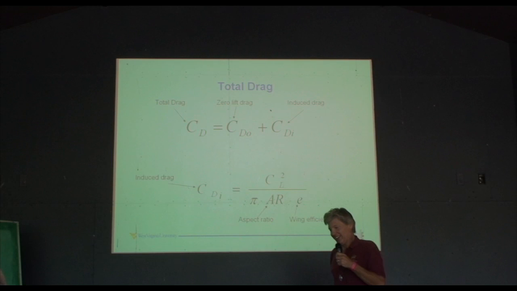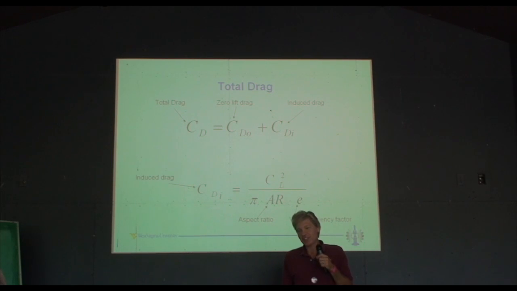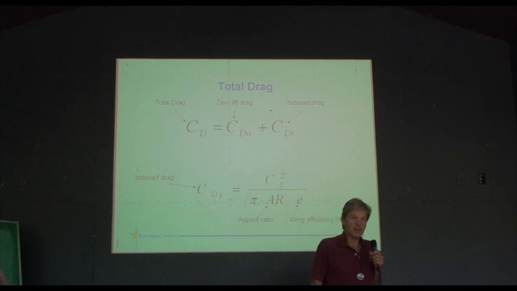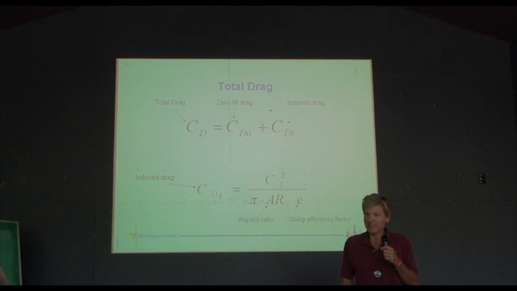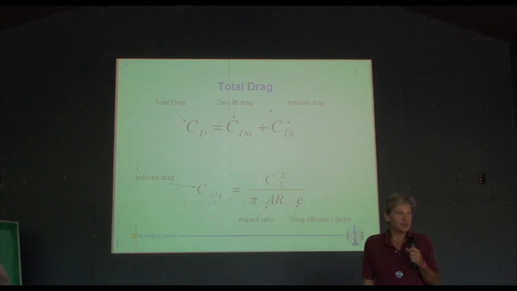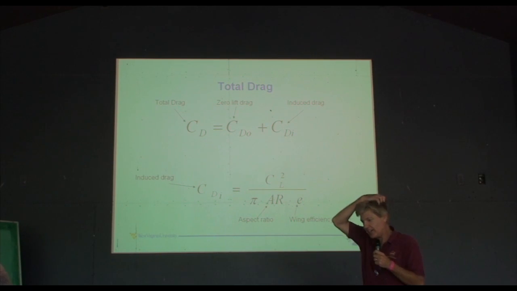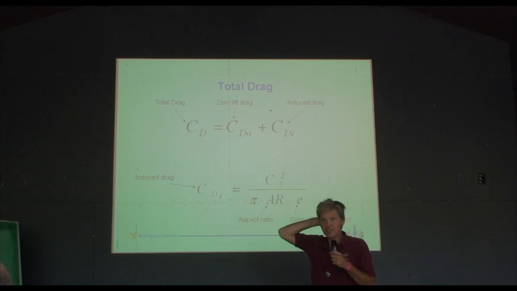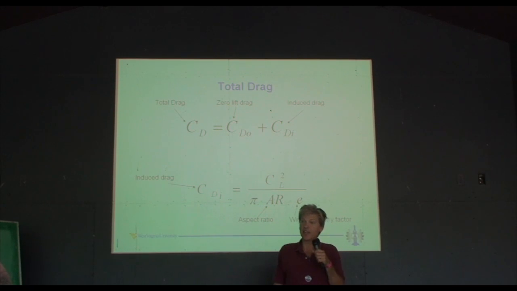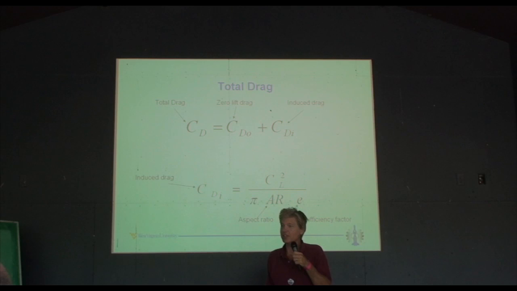Well, this has been debated around many tables for a long time by aerodynamicists. What do we do with the aspect ratio? We want it higher, but if it gets too high, we get a real big long wing that just flaps like a piece of spaghetti, and that doesn't work very well. So it's a compromise.